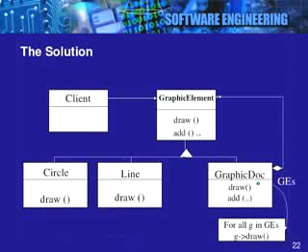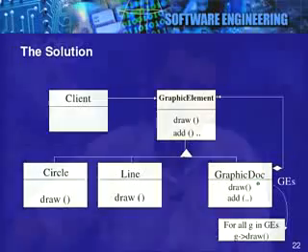Now graphic doc is a composite, which is represented by this link. So you have this part-whole relation. A graphical document can contain many graphical elements, and through inheritance those graphical elements can be either circles, lines, or graphic docs. So this is how you can represent the design of your tree structured graphical document.